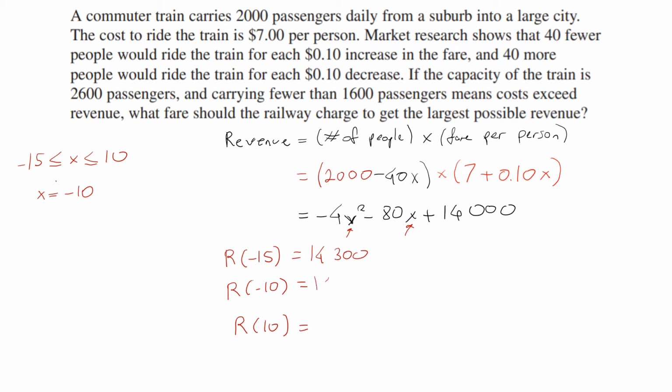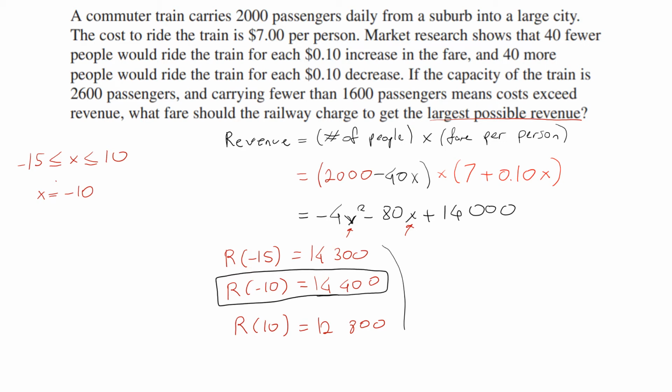I get 14,400 for this one, and I get 12,800 for this one. And because I'm looking for my maximum possible revenue, I need to look for the maximum value I have over here, which I see that it is in fact 14,400. So my x value would be negative 10.